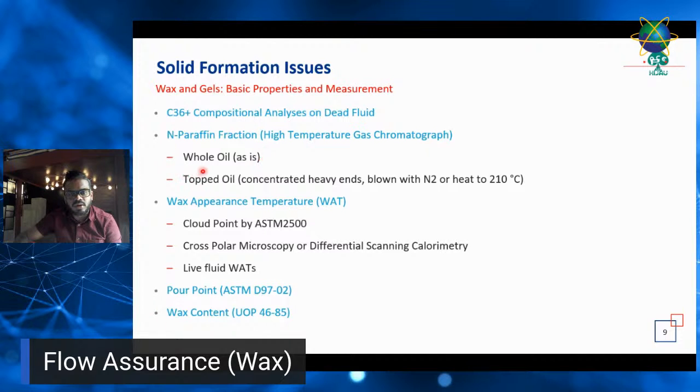Your n-paraffin fraction is much more accurate in terms of the amount of wax, all right? So this gives a more accurate measurement as compared to the wax content. So we will depend on the n-paraffin fraction in matching the properties of your wax in the thermodynamic modeling, all right?